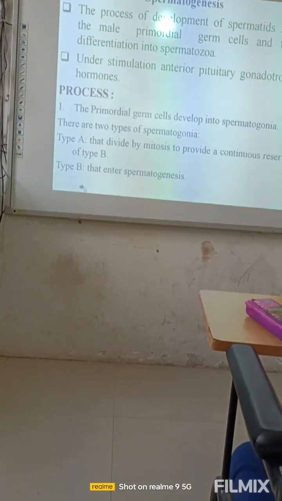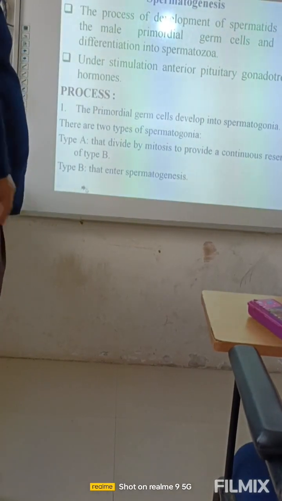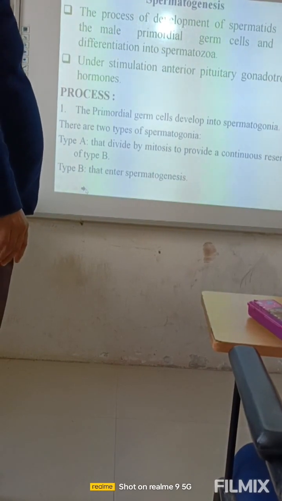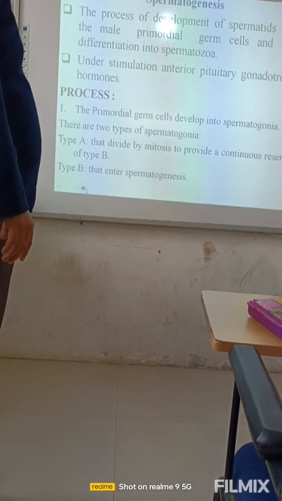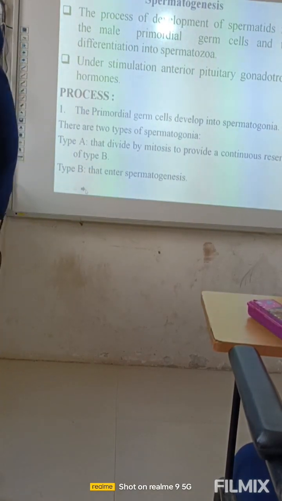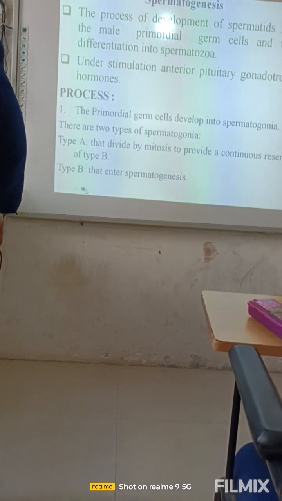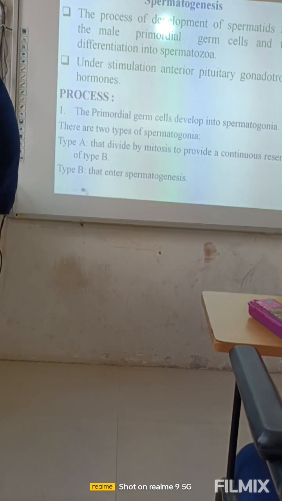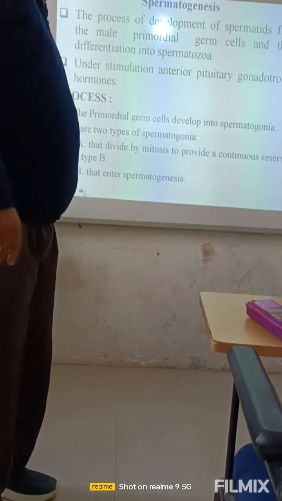It is the process of development of spermatids from the male primordial germ cells and their differentiation into spermatozoa under stimulation by anterior pituitary gonadotropin hormones. The primordial germ cell develops into spermatogonia. There are two types of spermatogonia, type A and type B. Type A divides by mitosis to provide a continuous reserve of type B, and type B enters spermatogenesis.